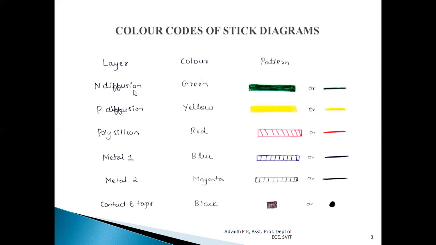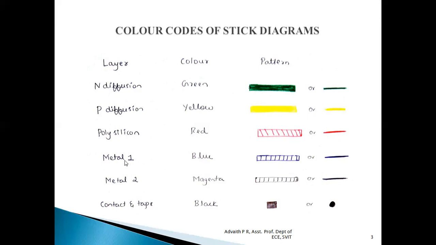N diffusion is represented by green color, and the pattern we can use is a green rectangular box or a green stick. Similarly, P diffusion is represented by yellow color, which is represented by a yellow stick. Polysilicon is represented by red color, which is represented by a red stick.